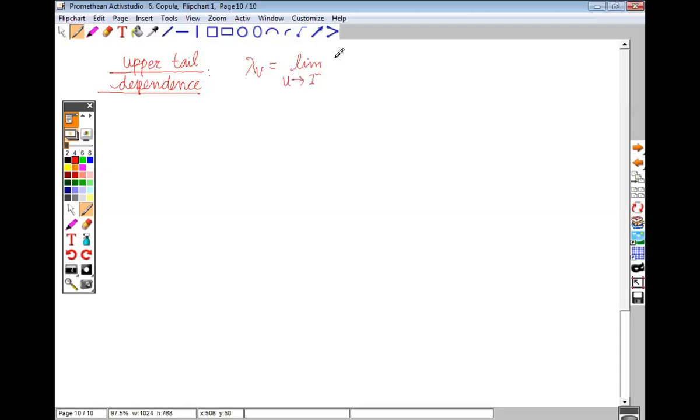And again, I have u, and I'm looking at the probability that my x will be greater than or equal to f inverse of x, such that my y is already greater than this. Oops, I shouldn't be writing x in there. It should just be u, right?